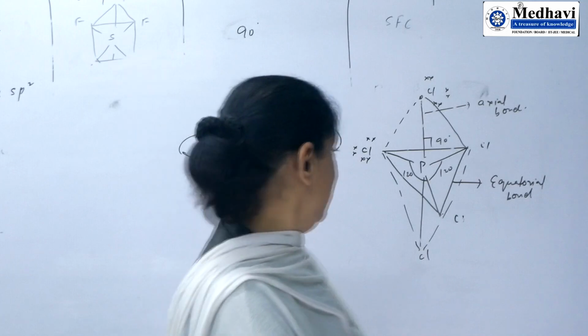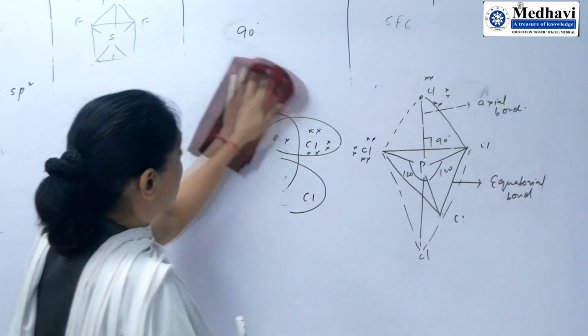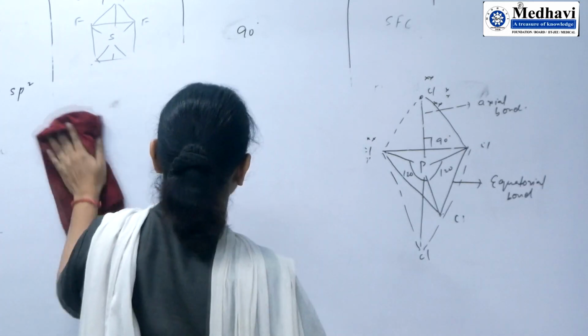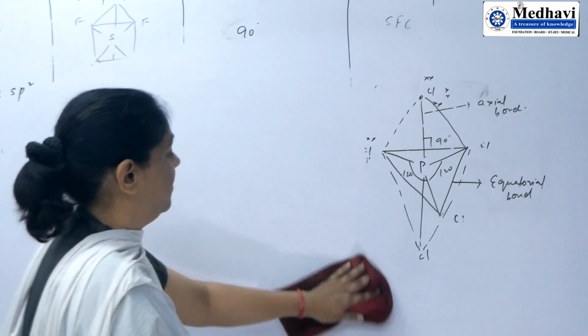Now we have to explain the types of hybridization, some examples of organic and some examples of inorganic compound.